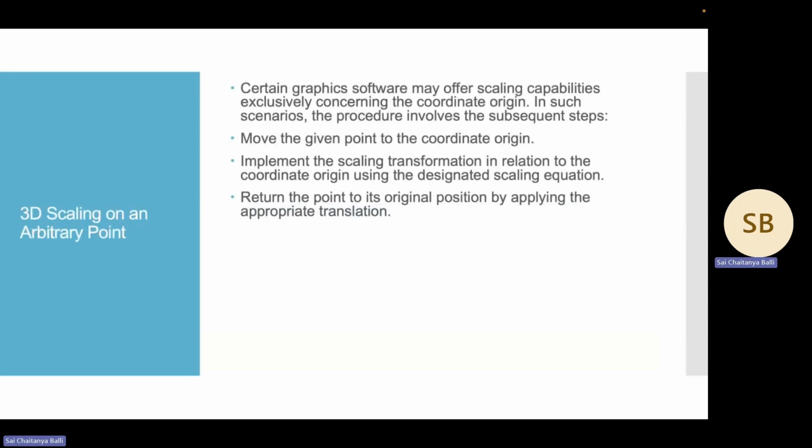Certain graphics software may offer scaling capabilities exclusively with respect to the coordinate origin. In such scenarios, the procedure involves the following steps. Move the given point to the coordinate origin, implement the scaling transformation relative to the coordinate origin using the designated scaling equation, and at last, return the point to its original position by applying the appropriate translation.